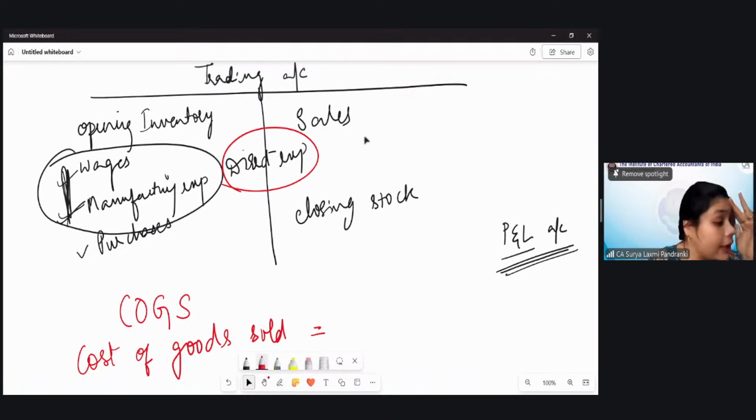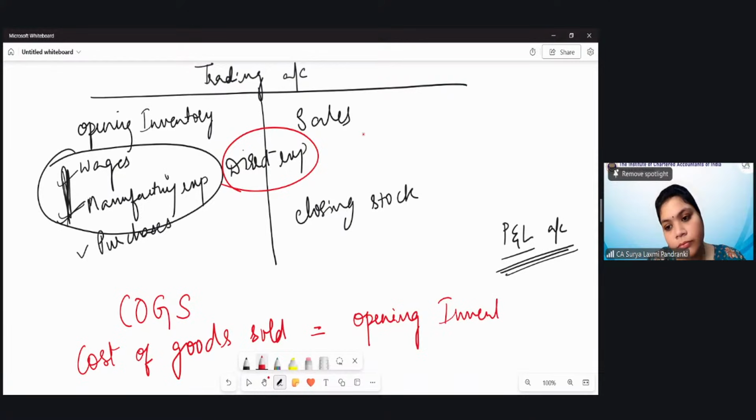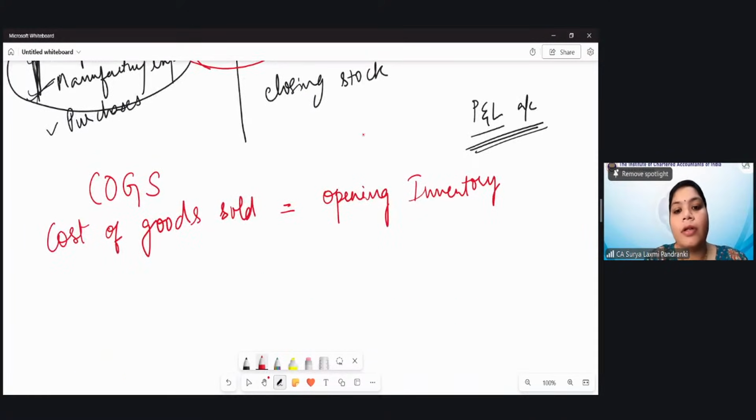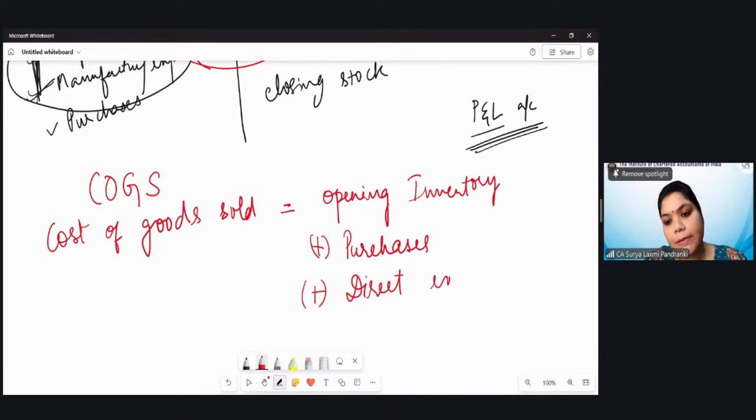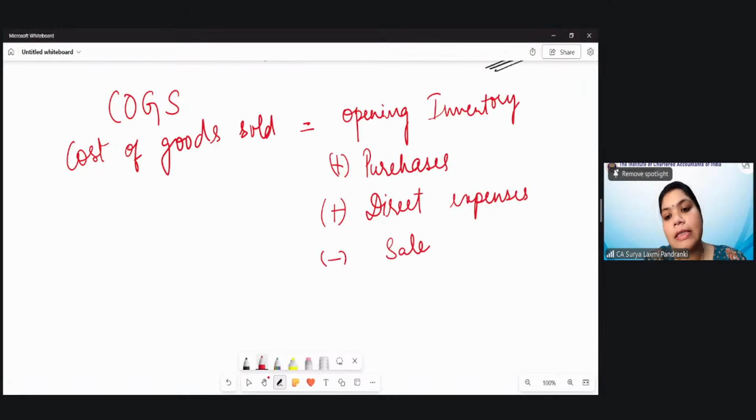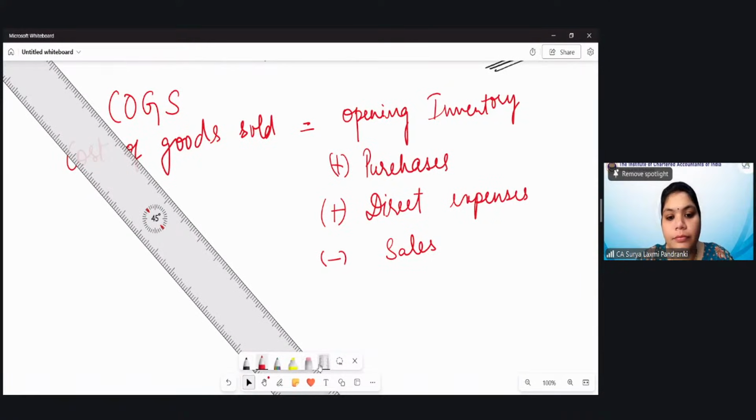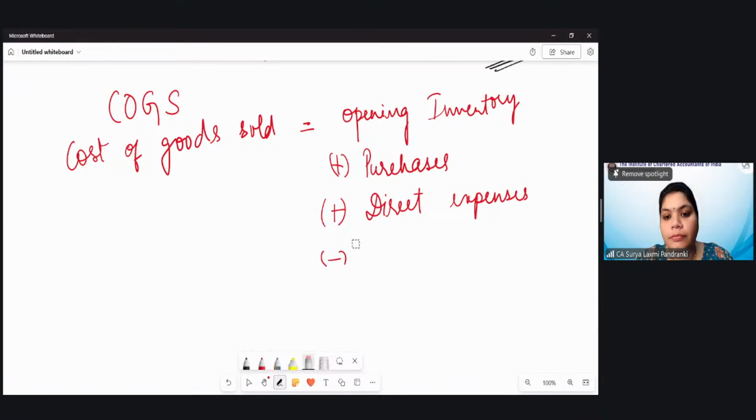Cost of goods sold will include your opening inventory, and you add purchases to it, and you also add your direct expenses, and you remove your closing inventory, right?